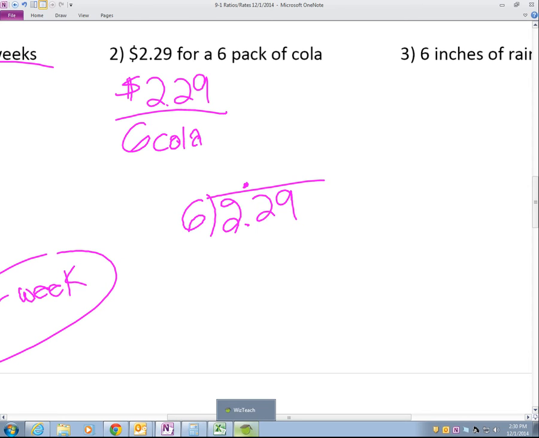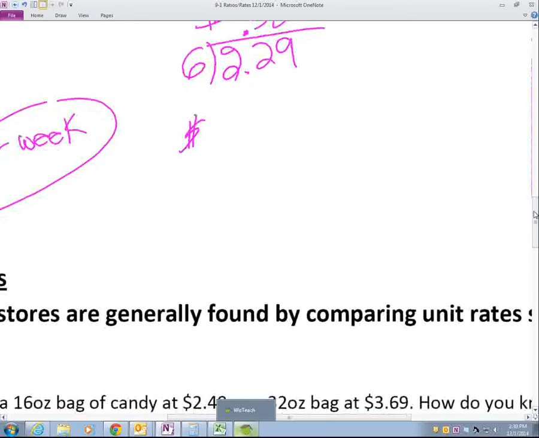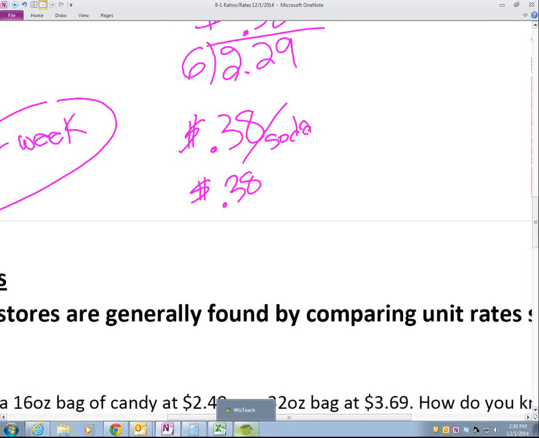You should have 38 cents here. So my answer is going to be, move this down so I can write better. My answer is going to be 38 cents per soda. Or I could rewrite it. 38 cents per soda.